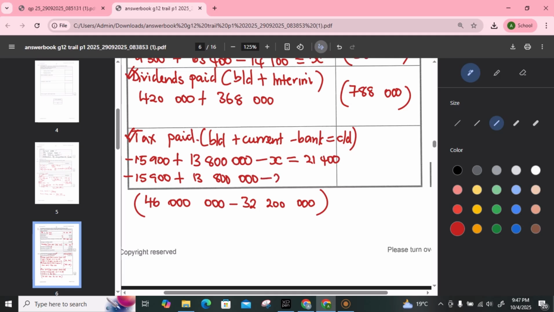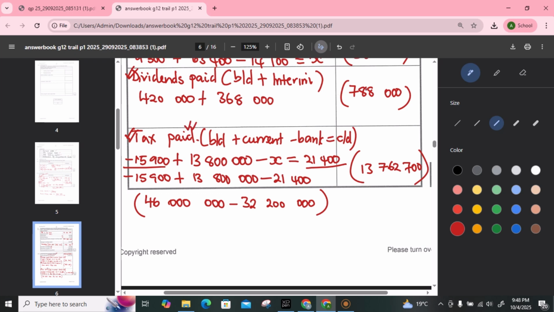That will be negative 21,400. Maybe the emphasis on this balance and this balance: when you have an asset, you use a negative. When you have a liability, you use a positive. If you rearrange all this, that will give us our X amount. And in this case, we have paid 13,762,700. And it is a cash outflow because we are paying.